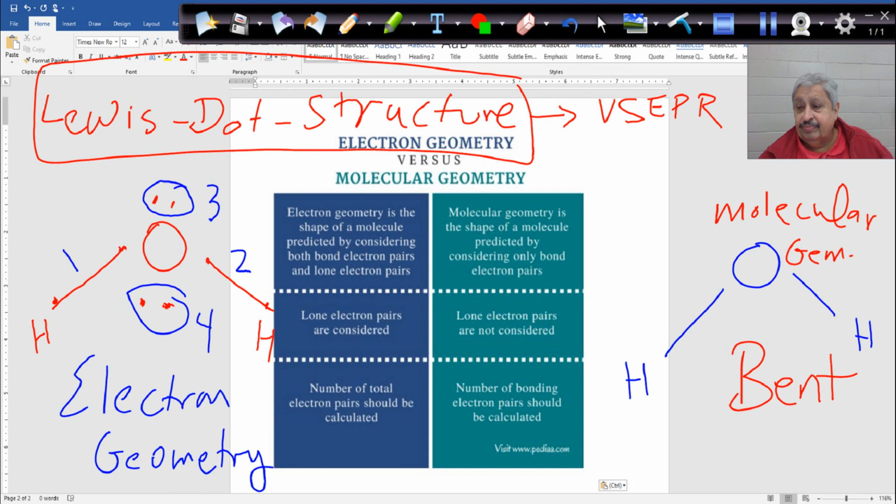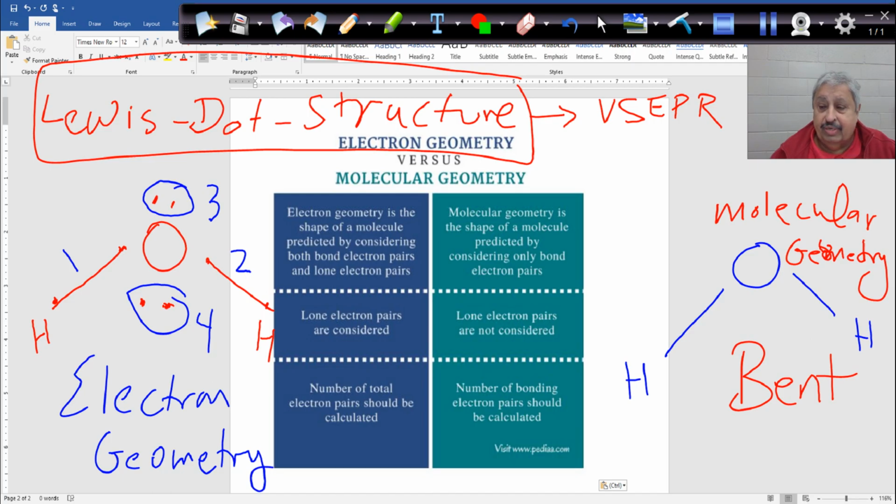Okay, guys, they will consider 2 sets, I mean, 2 single bonds.